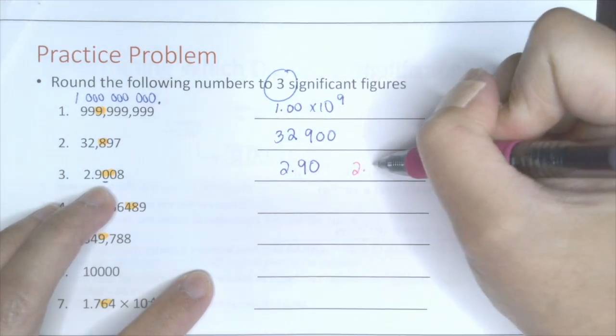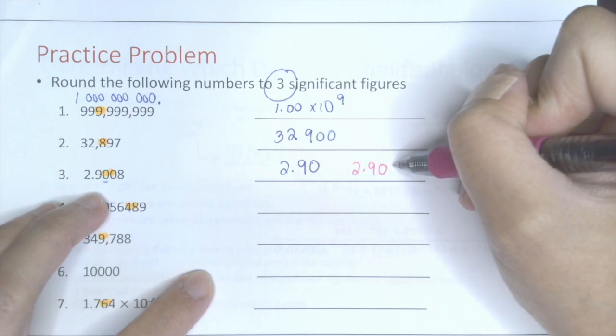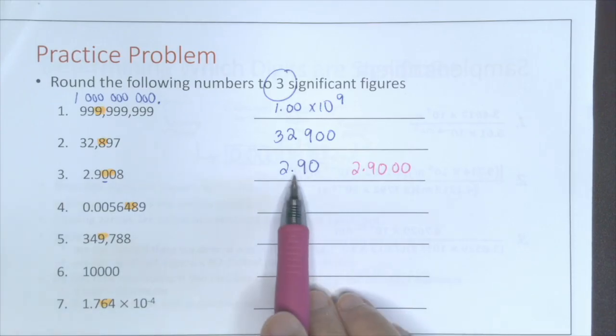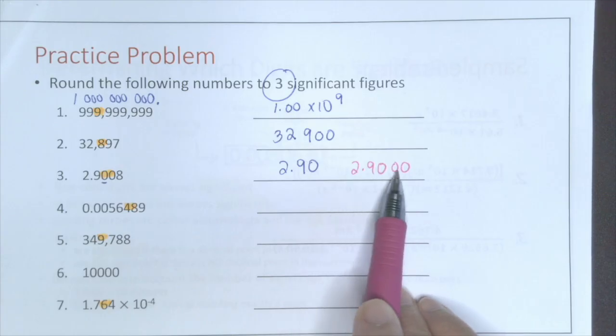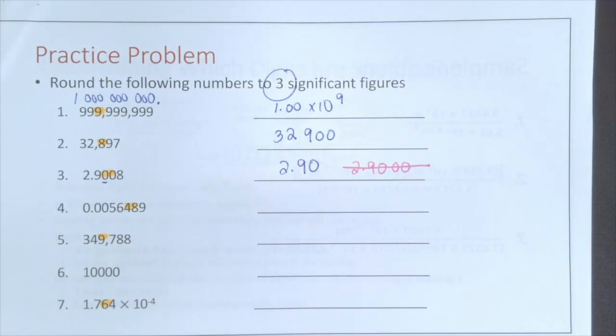So we have 2.90, 0, 0. They're the same number, but it's not going to be the same sig figs. This has 3, this has 1, 2, 3, 4, 5. So this cannot be your answer.